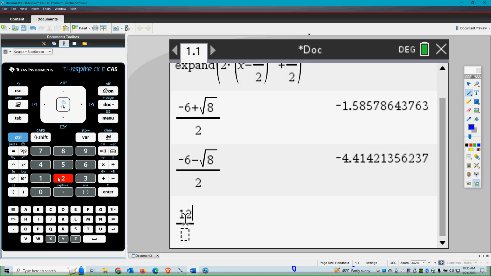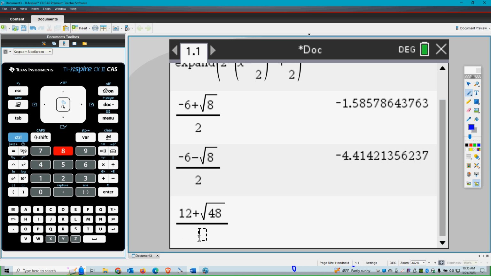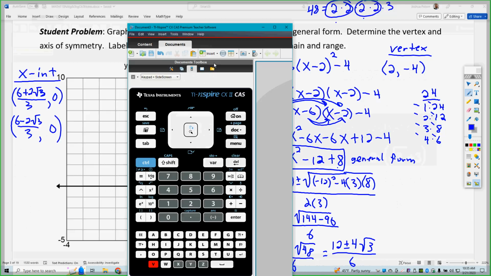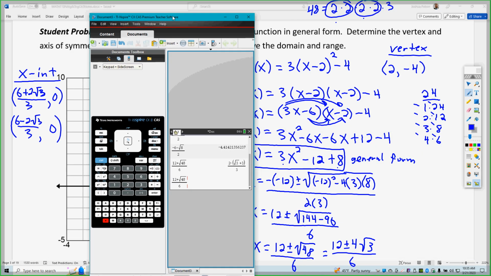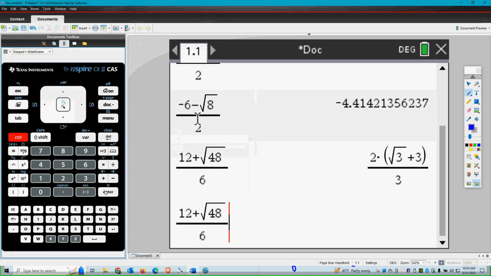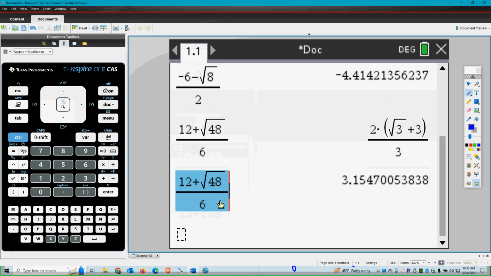Was it 12 plus the square root of 48 over 6? I think pre-simplification, right? There we go. Okay, so we're going to take that, copy, paste, double check, 12 plus, yeah. All right, so that just verifies what I've said before. So the decimal equivalent was what we want here.